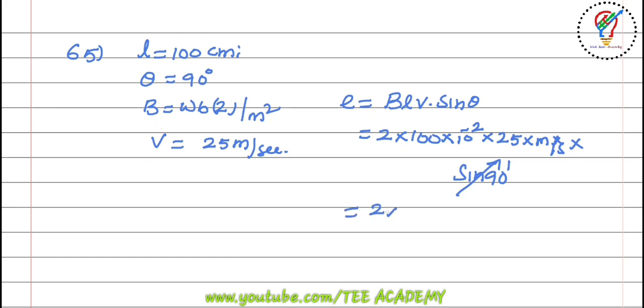So it is 2 into 100 into 10 power minus 2 into 25. The 10 power minus 2 cancels the 100, so we have 50 volts. So for the 65th question, the answer is 50 volts. Let's move to the next question.